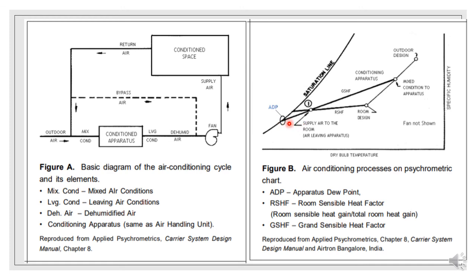And part of the return air is expelled to the outside and replaced by an equal quantum of outdoor air in figure A. Then the mixture is ready to enter the cooling coil here in the conditioning apparatus.